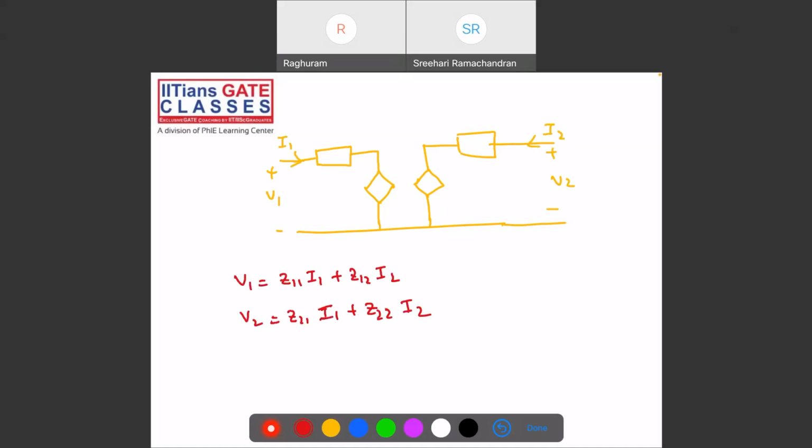From this, if you see what kind of sources there are, this is a voltage component, directly proportional, so I can call it Z11.